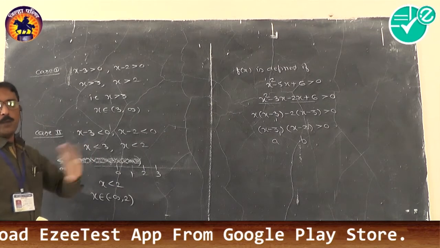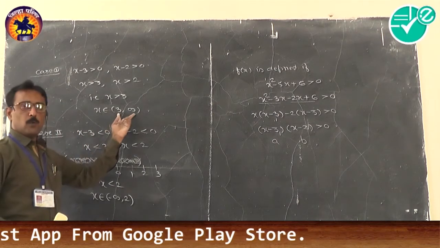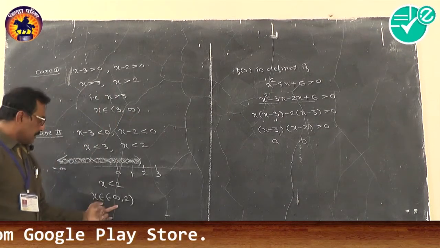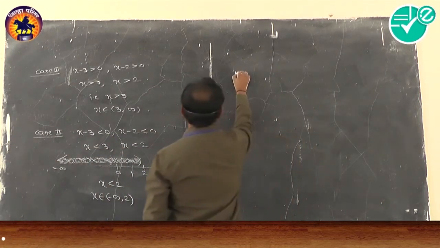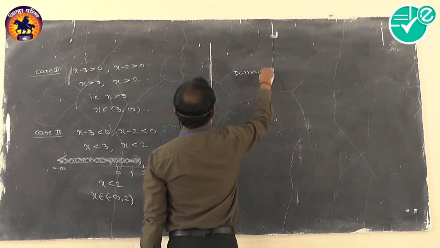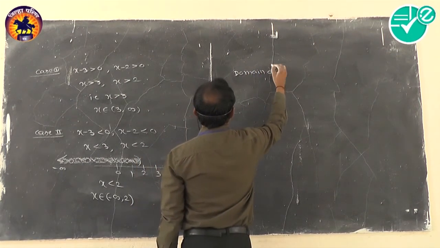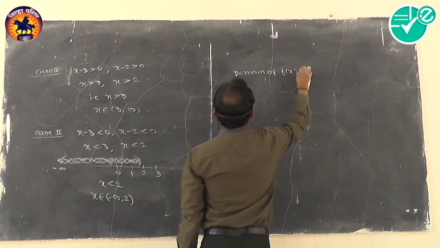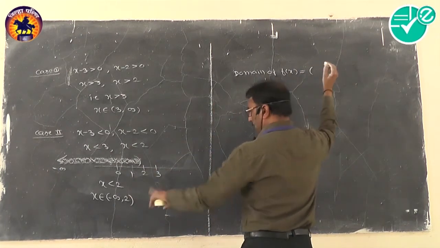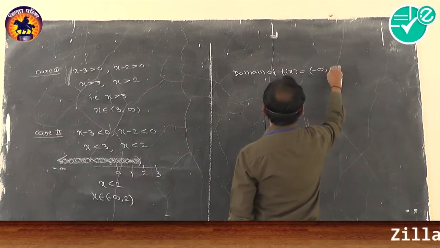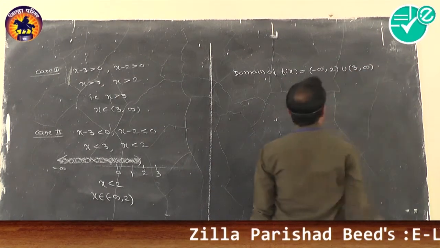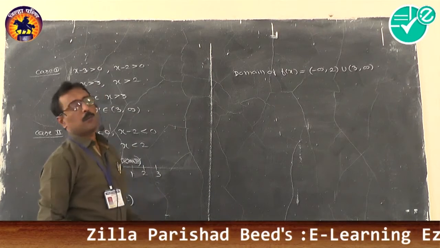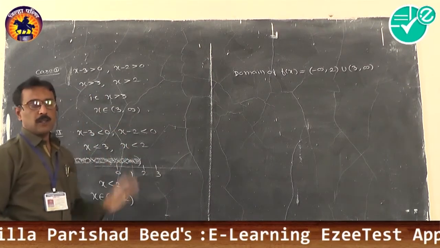We can write the domain of f of x as the first open interval union the second interval. Domain of f of x equals minus infinity to 2 union 3 to infinity, and whatever I have written on the board is called the domain of the function.